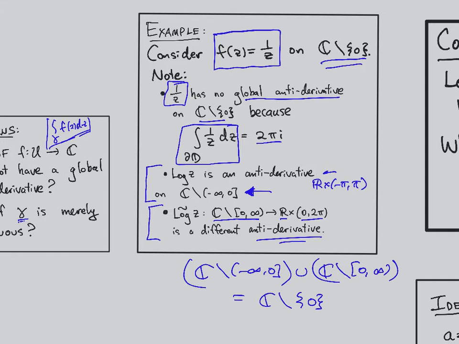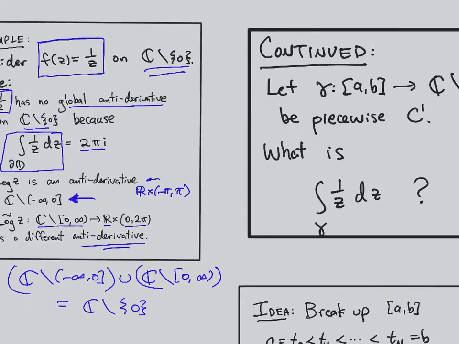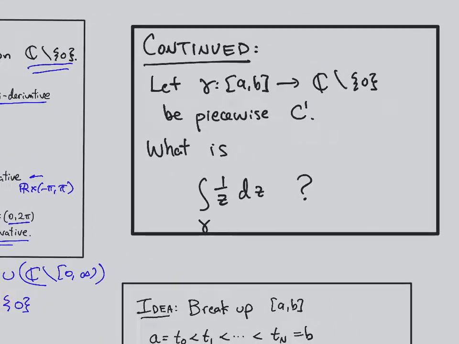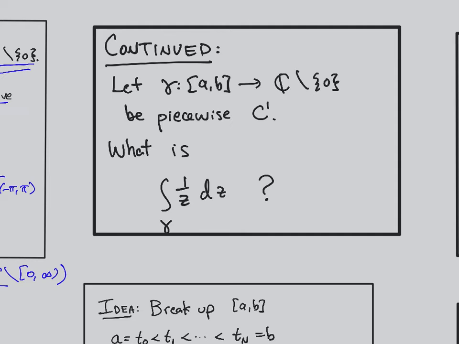And here's how we'll do it. So given a piecewise C1 curve mapping into the plane minus the origin, how do we compute this line integral of 1 over z dz? So here's the idea.